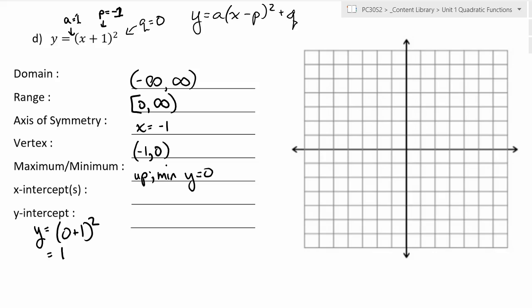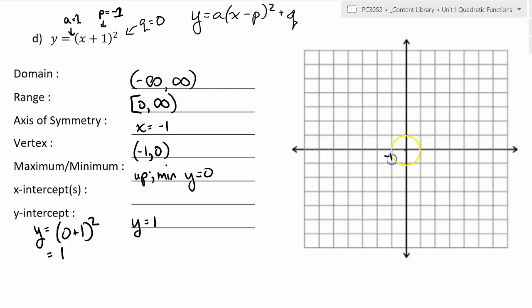The second we have a number in place of p as well, that x value of my vertex is not 0, then all of a sudden that impacts what my y-intercept is going to be too. So y equals 1 in this case. And we'll come back to those x-intercepts.